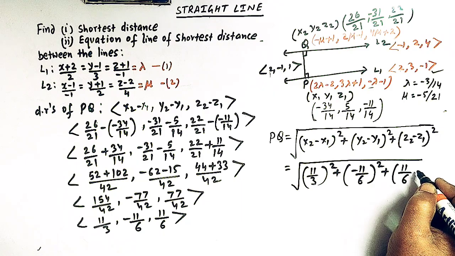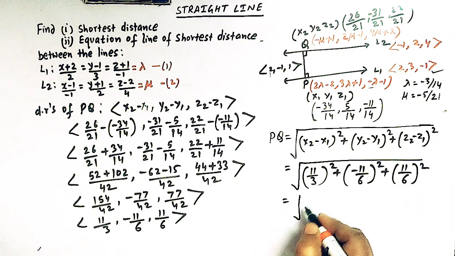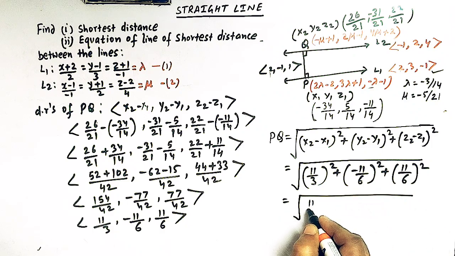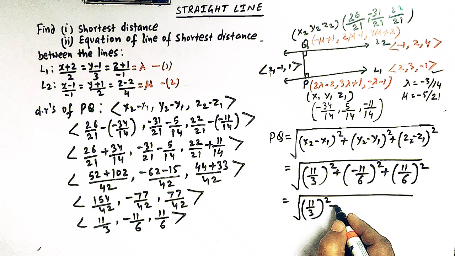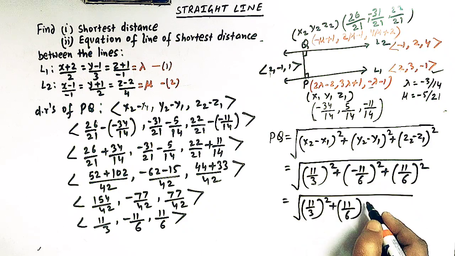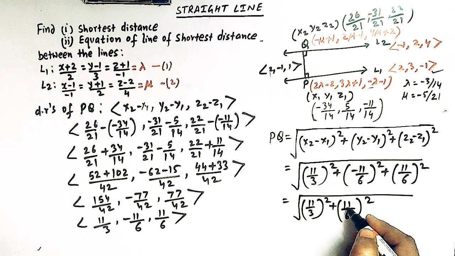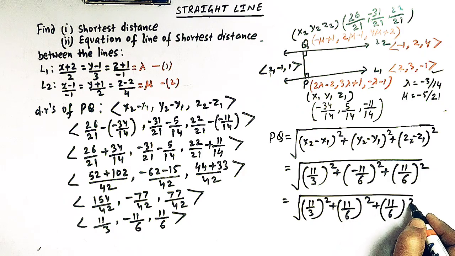So now we can write here 11 over 3 square, and then 11 over 6 square, minus 1 square is positive, and then 11 over 6 square.